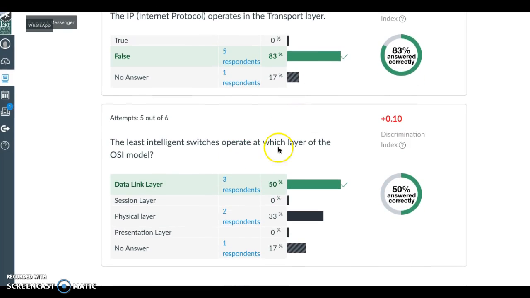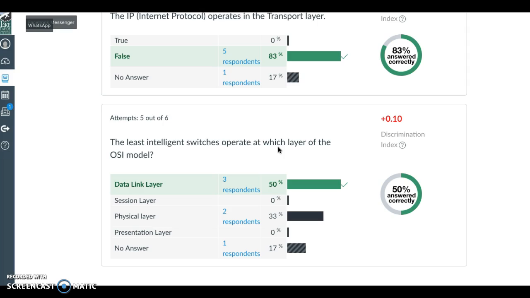And then the least intelligent switches operate at what level of the OSI? And a clue is routers are always at layer 3, most of the time. There are some specifics where it can vary with smart switches and things like that, but effectively, when you think of routers, you should think of layer 3.